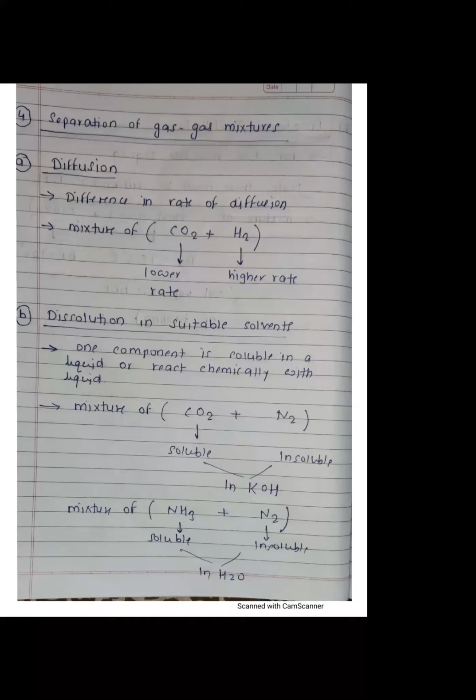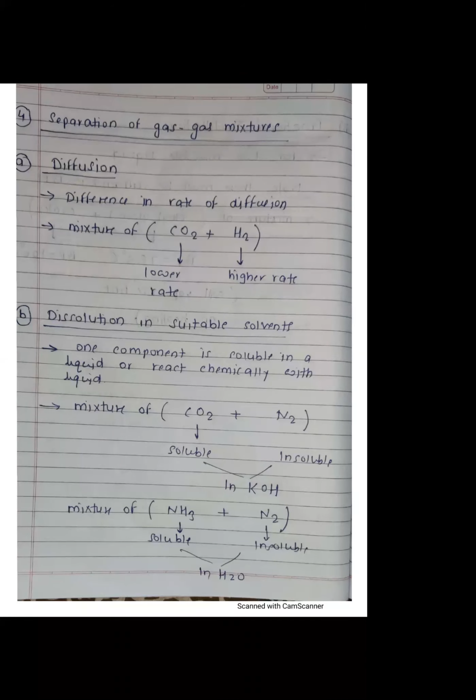Now, if I want to separate a mixture of CO2 and H2, in this case the rate of diffusion of H2 is higher and the rate of diffusion of CO2 is lower.